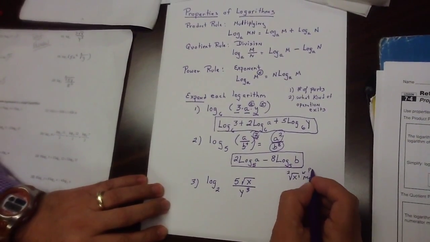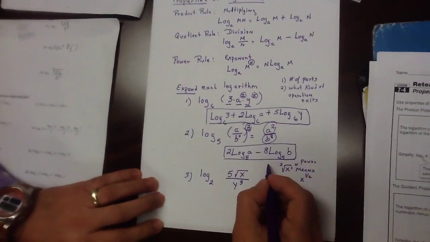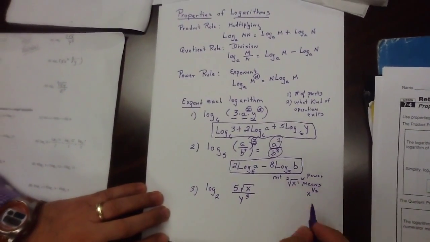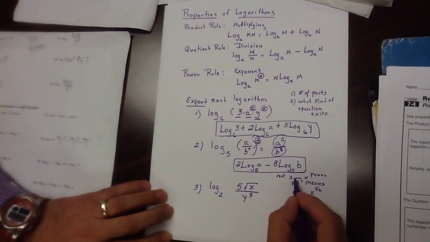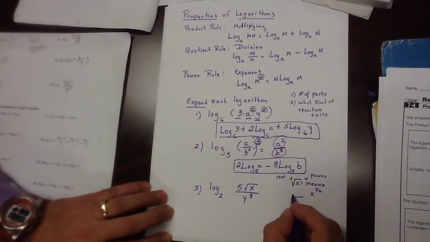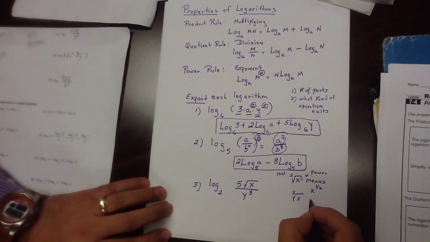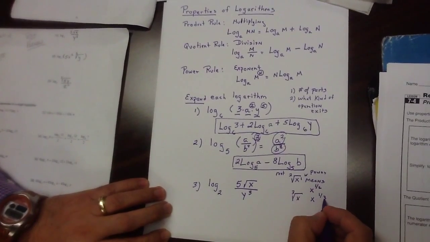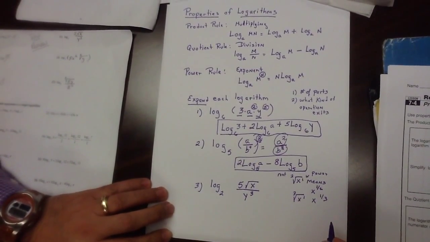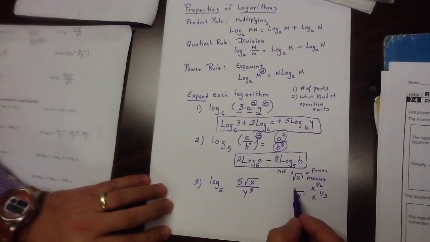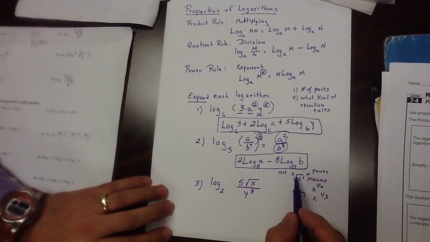This is your power, and this is the root. So here I have 1/2. If I have a cube root of x, then this will be x to the 1/3 power. The only thing that changes is the root. If it doesn't have one, it's understood to be a square.